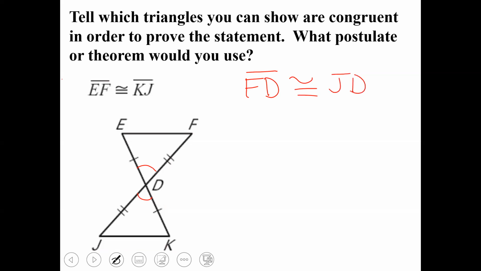Good, JD. Hold on. Okay, look. FD is congruent to JD. What else? ED. ED is congruent to KD. And what's the last thing? Y'all look, how many places do you see angle D?